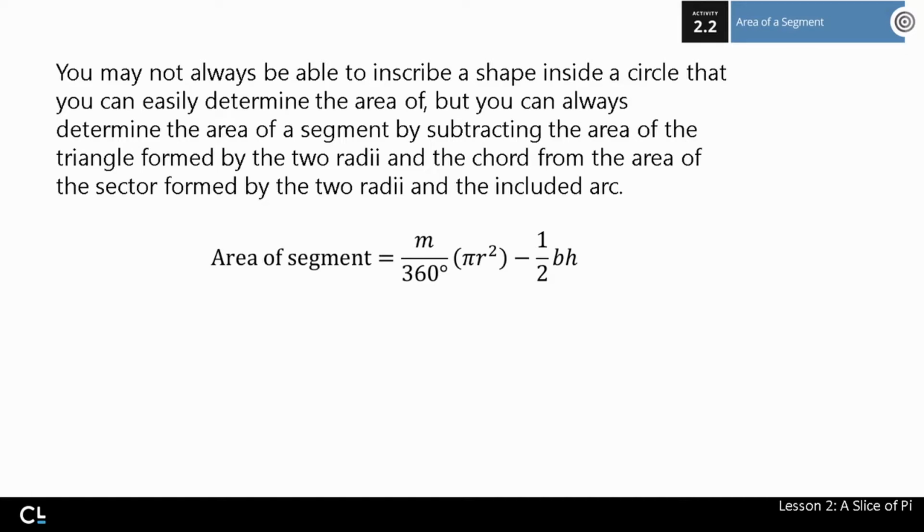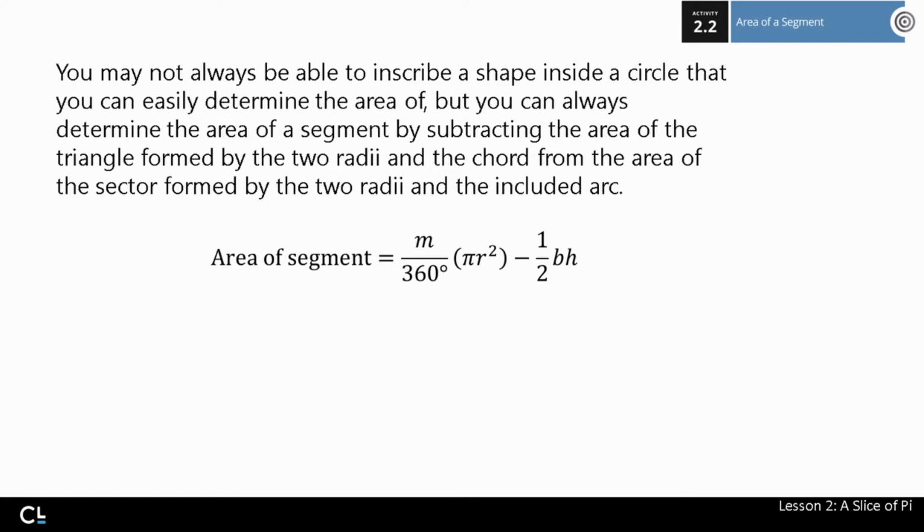So our area of this, and now guys, I'm not expecting anyone to memorize the area of a segment formula, right? The formula is similar to our last formula for the area of a sector, where it starts off the same, m over 360 times pi r squared. But now we do minus 1/2 base times height, right?